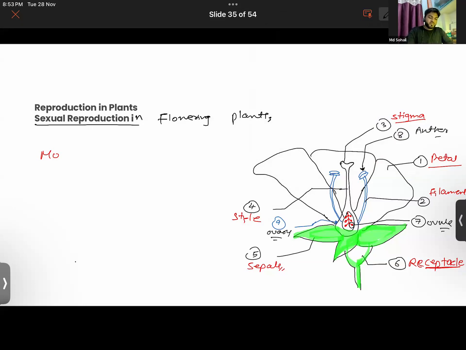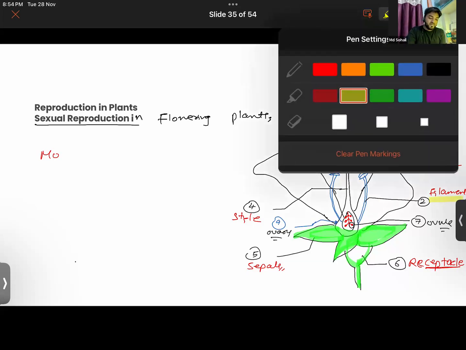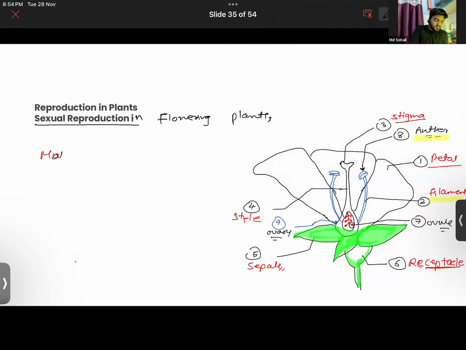So these are the parts of the flowers, right? I can categorize some parts into two genders, the male and the female. The one which I am highlighting using the white color, anther and filament, forms the male part of the flower, right?